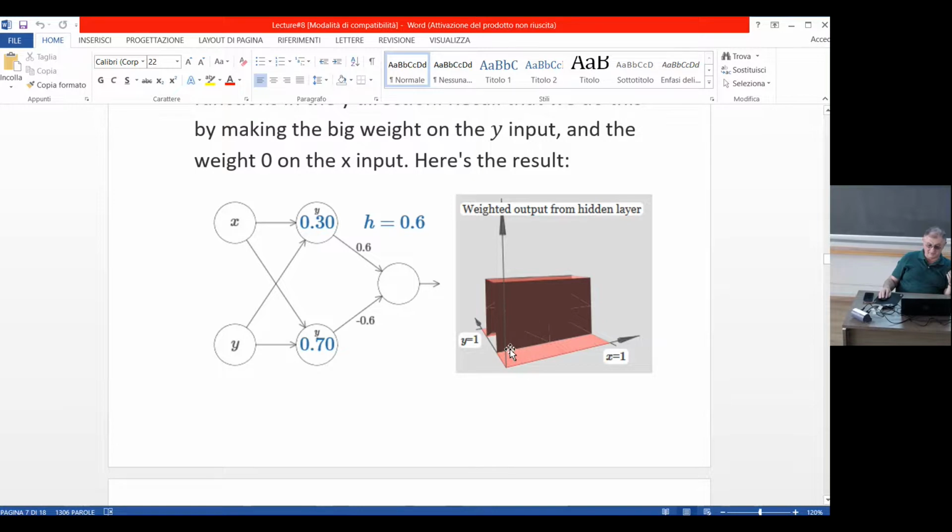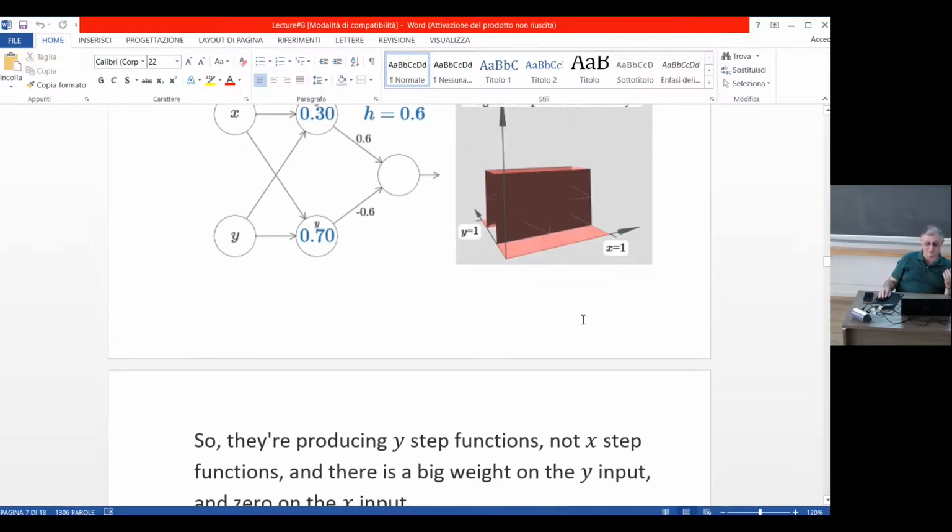At 0.30 we jump up to 0.6. Then we move to 0.70, and then we put our figure down to 0. So we created our three-dimensional bump function.